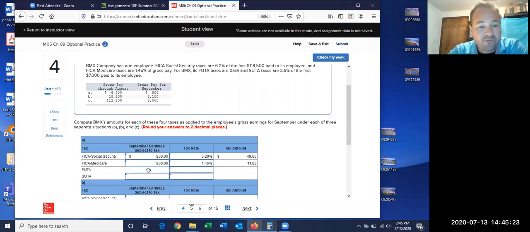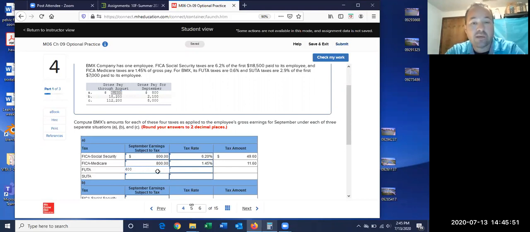Now, when we come down to FUTA and SUTA, this is where the cap comes into play. The cap is 7,000. If I add 800 plus 6,400, I'm going to go over that cap. So what I have to do is focus on this number and the cap and say, if I'm at 6,400, how much more do I have to go until I get to 7 grand? In between there is only $600. So I don't want to tax on the full 800.